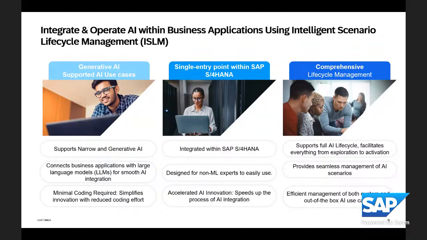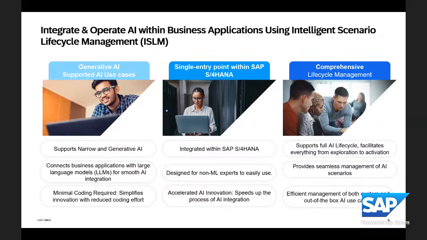And for our developers, it is offering all the capabilities and the abstraction from all the complexities, so that minimal coding effort is required to integrate AI, whether it's narrow AI or generative AI, into your S/4HANA environment. So it simplifies the entire process, allowing organizations to quickly innovate and bring AI driven solutions into operations without having to deal with a lot of complexity.